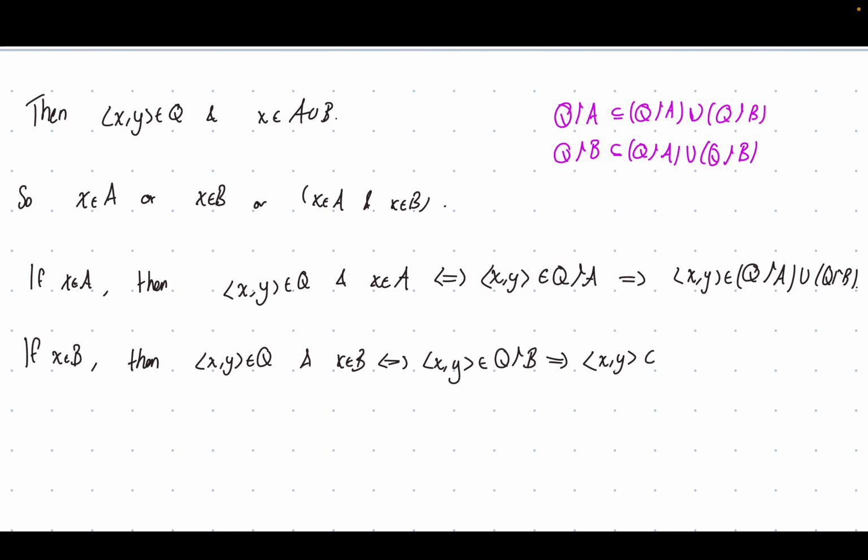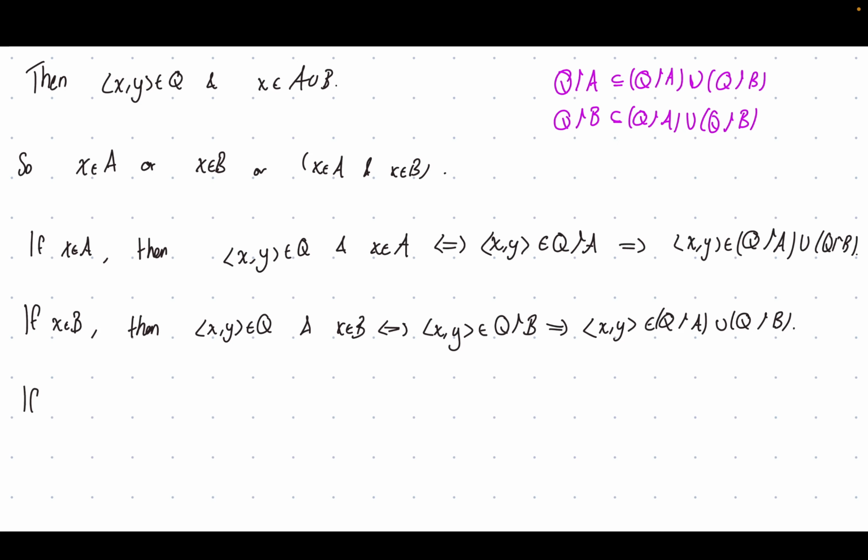x, y must be in Q restricted to A union Q restricted to B. If x is in A and x is in B finally, both cases apply.